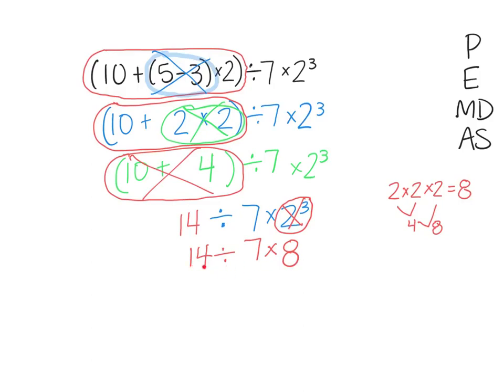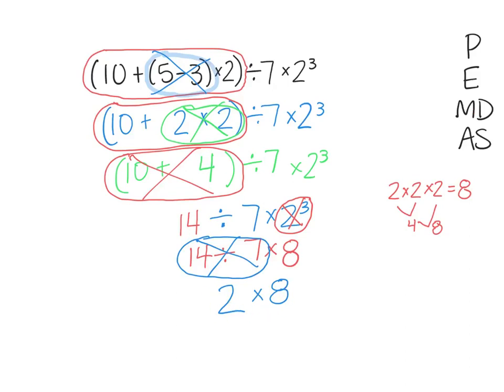So starting on the left, I notice that I have 14 divided by 7. So I do that step first. It's the first thing, moving from left to right. So 14 divided by 7, I can change that to 2, but I keep everything else the same. So any more multiply and divide? Yes, I'm left with one problem that I can definitely solve.